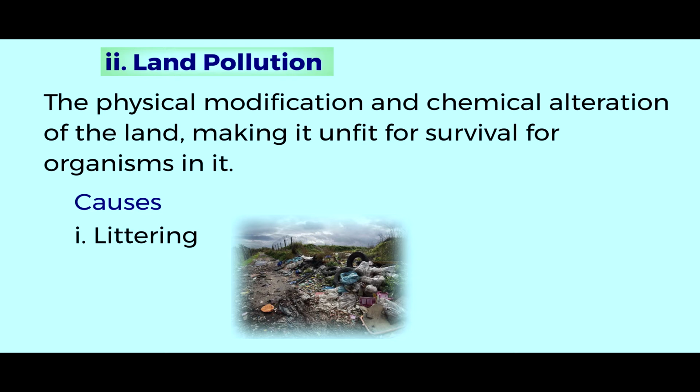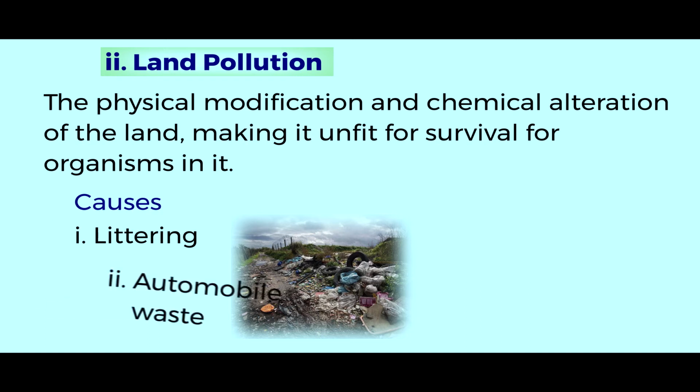Once those non-biodegradable substances persist on land, they cause a lot of problems. So littering is a good example of an activity causing land pollution, and non-biodegradable waste like plastic is a good example of a land pollutant.